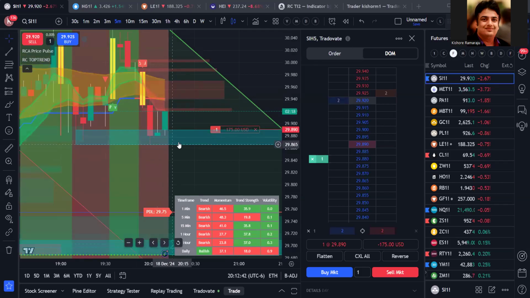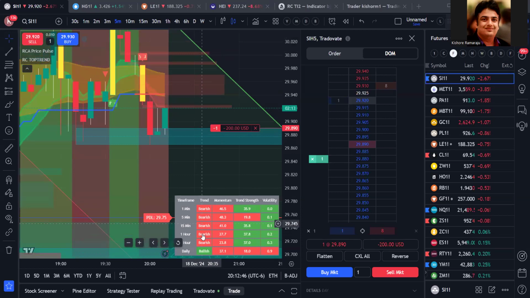Generally, we should have waited for it to break the support because the overall trend is bearish.